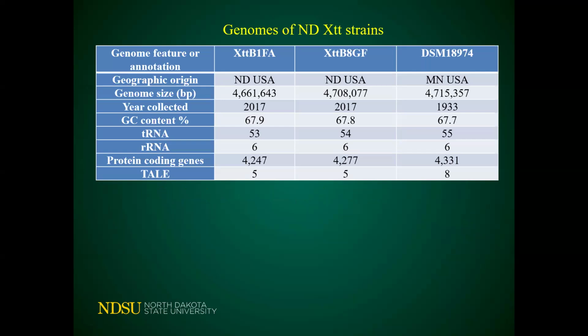You can see that compared to the type strain, DSM 18974, which was collected a long time ago and sequenced a while ago, our two genomes are very comparable. We just have a little bit fewer genes, and the genome is probably a little bit smaller than the reference strain.